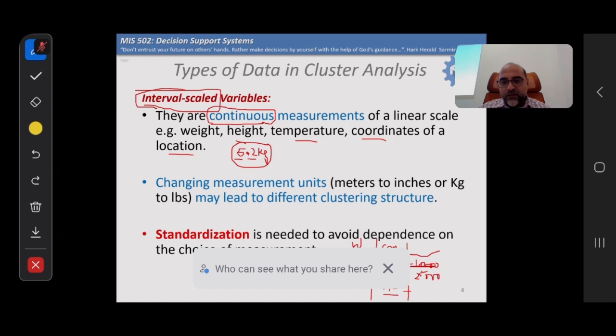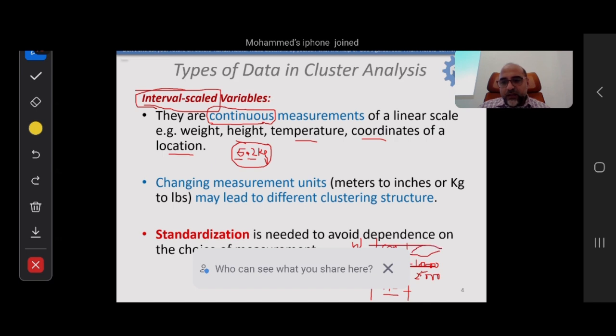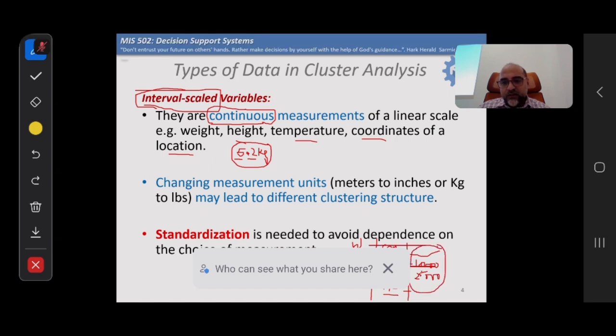So hundreds, thousands, tens, these are called scales. When you have these differences in scale, it will affect the outcome of your clustering. Why? Because the bigger numbers will dominate your clustering results. So weight will dominate less, and for example salary will dominate more in terms of creating the clusters. So do you understand the problem?